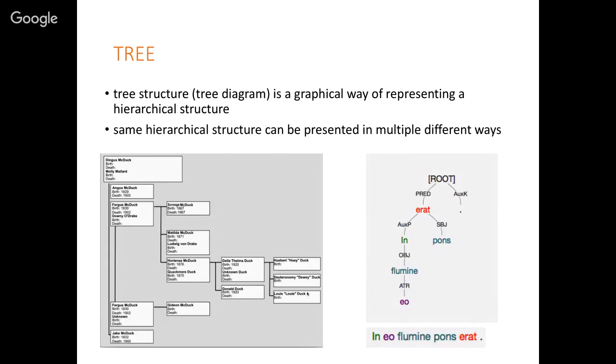Like here we have the sentence from Caesar's Gallic War. So there was a bridge in that river. But then today we will see that underlying this kind of graphic tree representation, there is a lot more information within the linguistic tree.